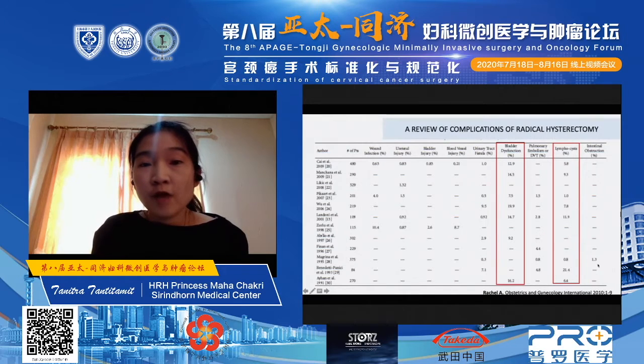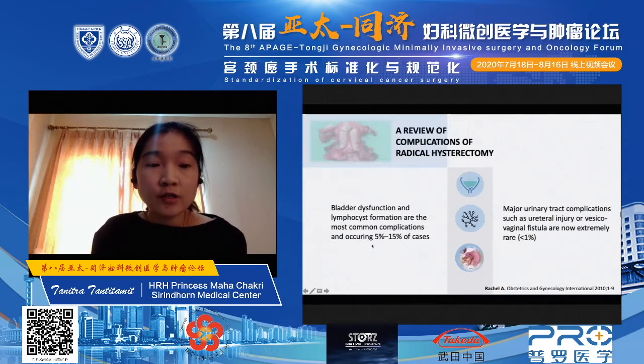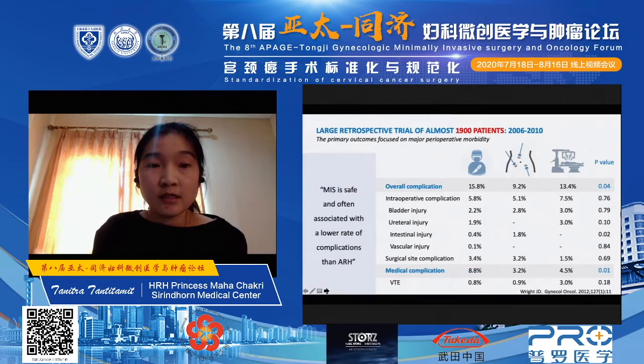Another review of complications of radical hysterectomy reported the most common complications after surgery were bladder dysfunction and lymphocysts, and they occur in 5 to 15% of cases. The majority of urinary tract complications, such as ureteral injury or vesicovaginal fistula, are now extremely rare and reported in less than 1%.